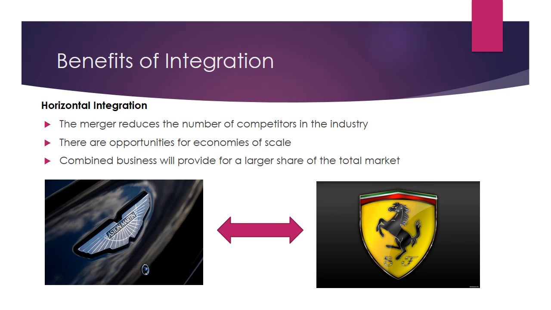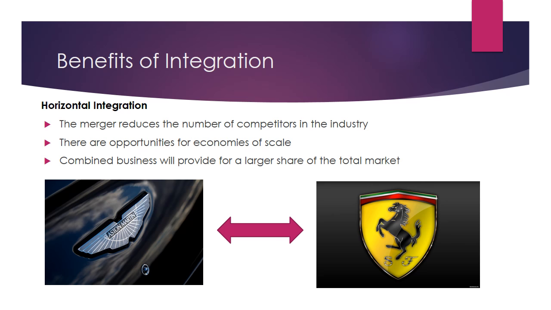So again, back to that example of you buying more raw materials. The more raw materials you buy, it could be bulk buying where you could share your expenses. There are other opportunities for economies of scale, for example, think about Aston Martin and Ferrari combining their businesses.